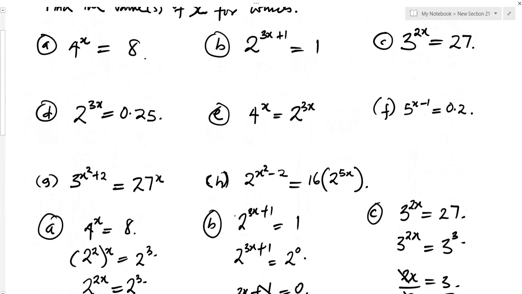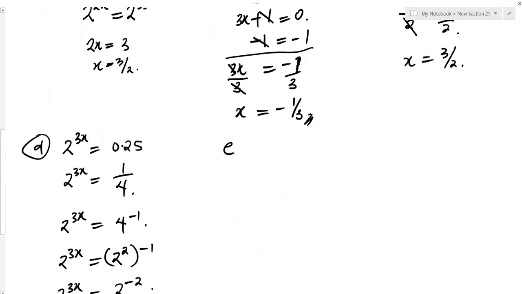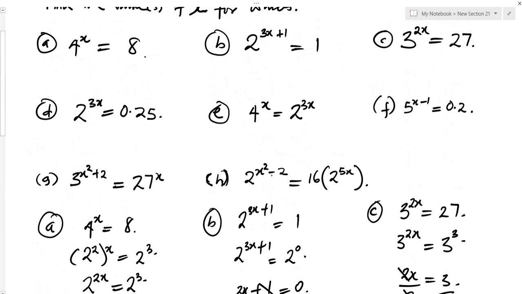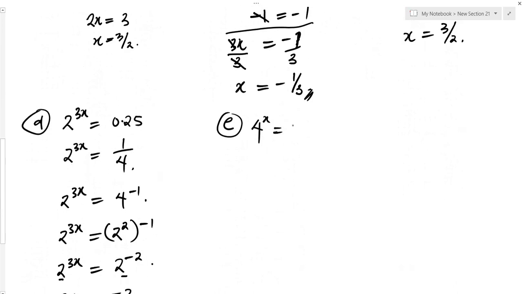Now for e, you have 4 raised to power x equal to 2 raised to power 3x. Now 4 is the same thing as 2 raised to power 2, raised to power x, equal to 2 raised to power 3x.